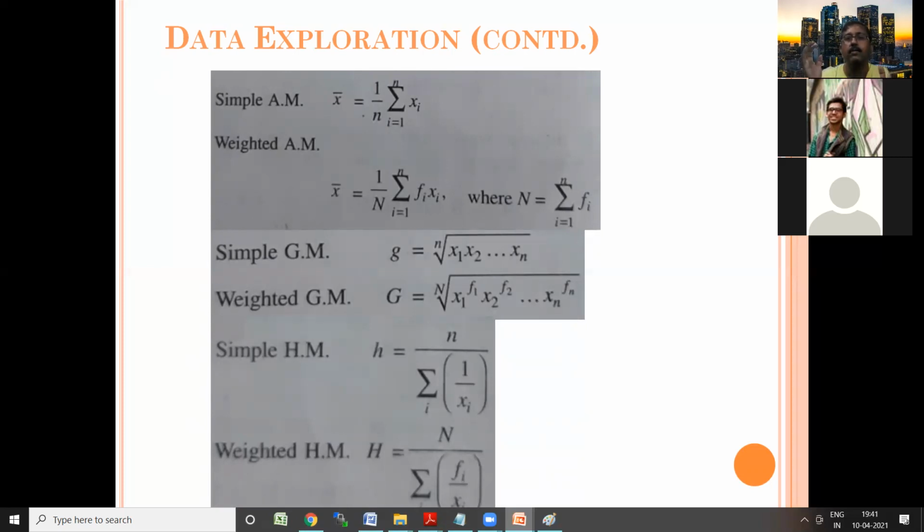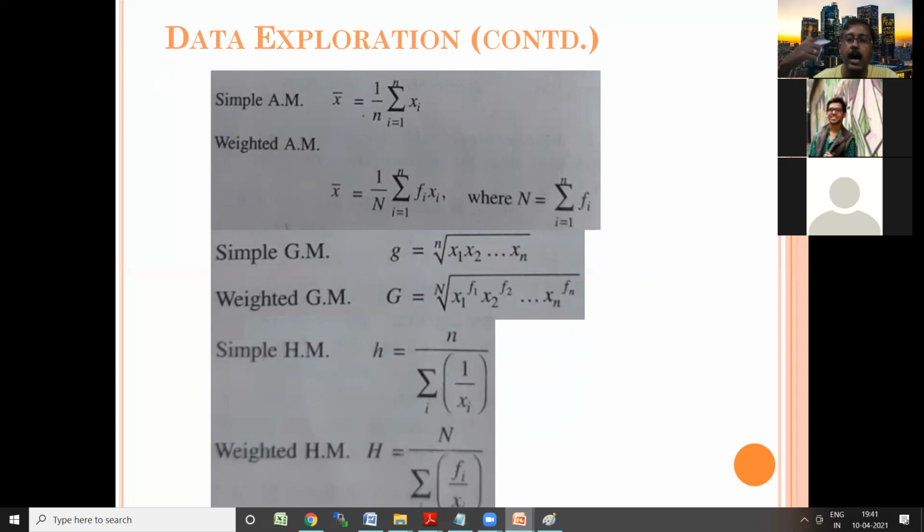So if there are 30 students, we take the 30th root of those values, right. Same way, we have a weighted geometric mean, which is x1 to the power f1, x2 to the power f2, so xi to the power fi, and the root is the summation of fi. So that is a weighted geometric mean.